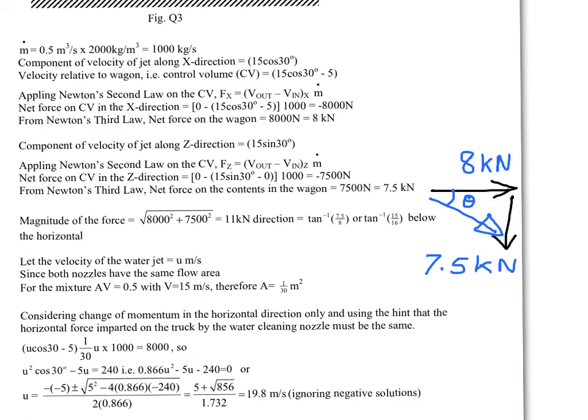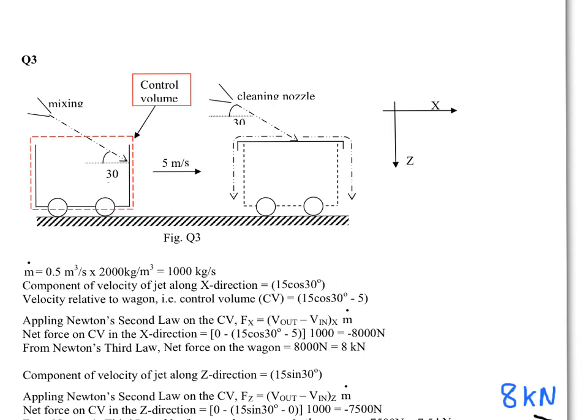Let's continue with the solution. We are now told that this carriage or wagon moves to another section where there is a cleaning nozzle. If you look at the cleaning nozzle acting on the railway wagon, you can see that the angle is the same.